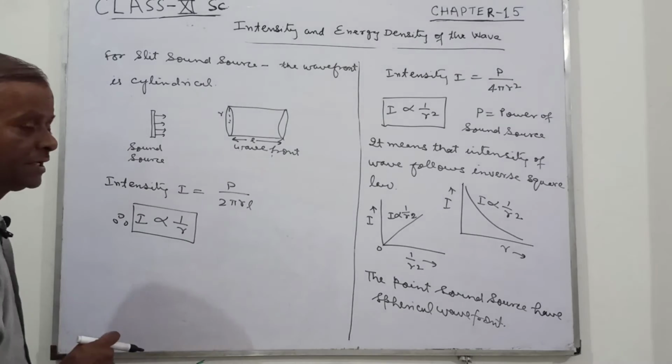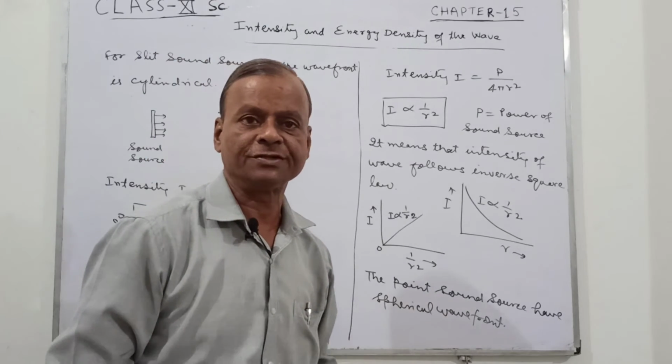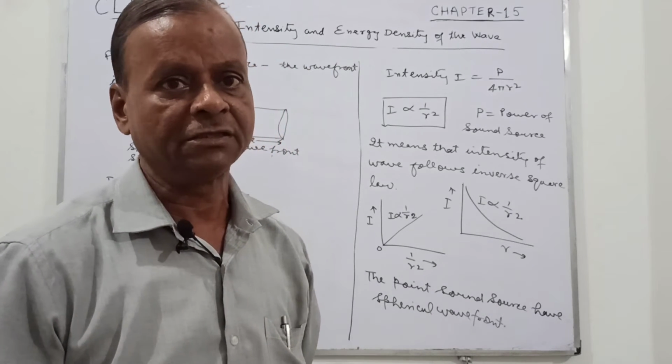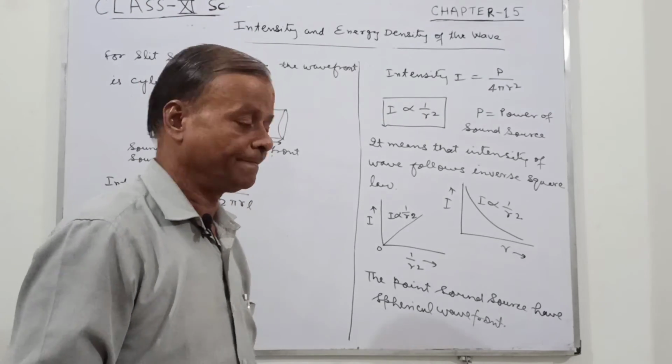So you can see that the intensity can be increased by increasing the frequency, by increasing the amplitude, and then by increasing the density.